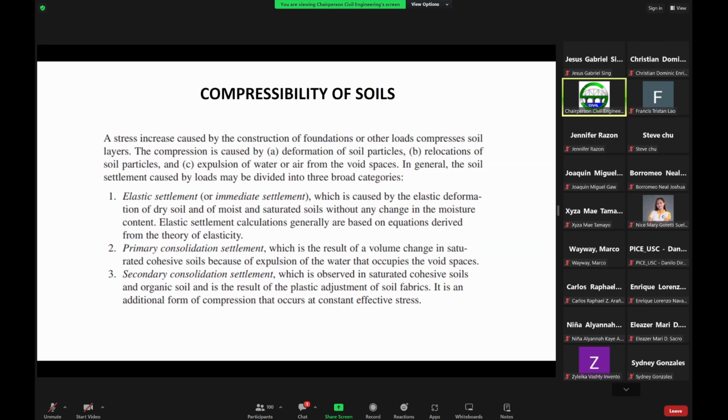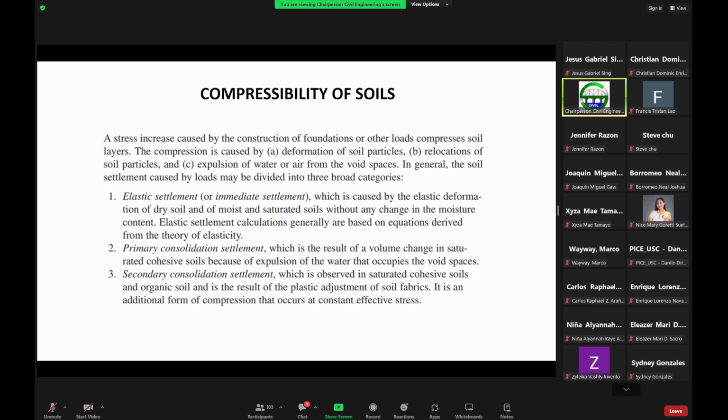I think by next year or maybe this year, you already have some basic structural design wherein you try to design shallow foundations, say maybe for a few stories, 3, 4 stories or six-story buildings. And with that, you try to design the shallow foundation.